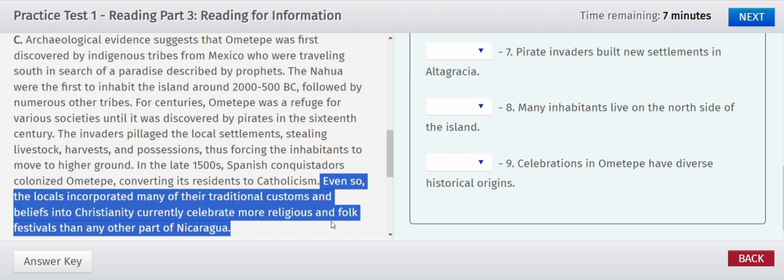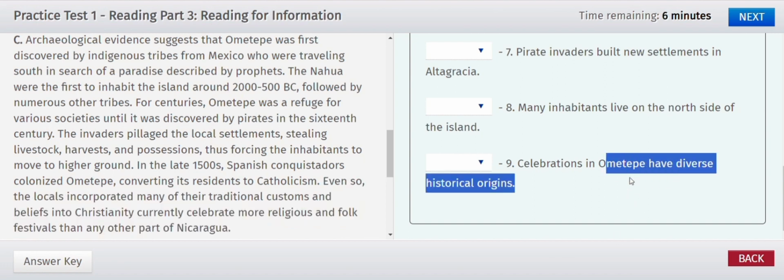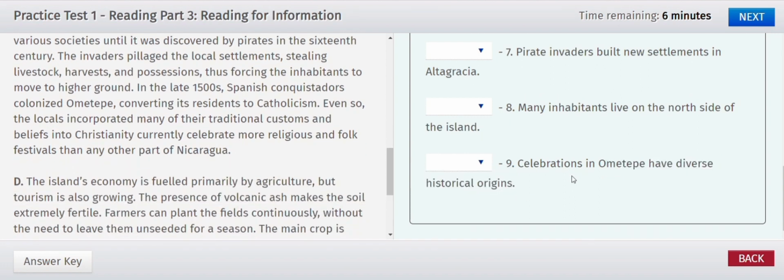So the idea here is mentioning the celebrations in the place which has many diverse historical origins. So that is being explained in a different way in the paragraph. So we have to match the idea and not match the words. The keywords can be used to identify which paragraph the statement is taken from, but not to arrive at an answer. Let's see another example.